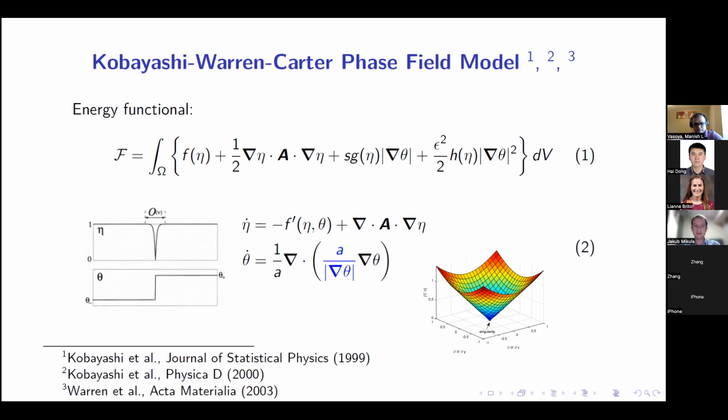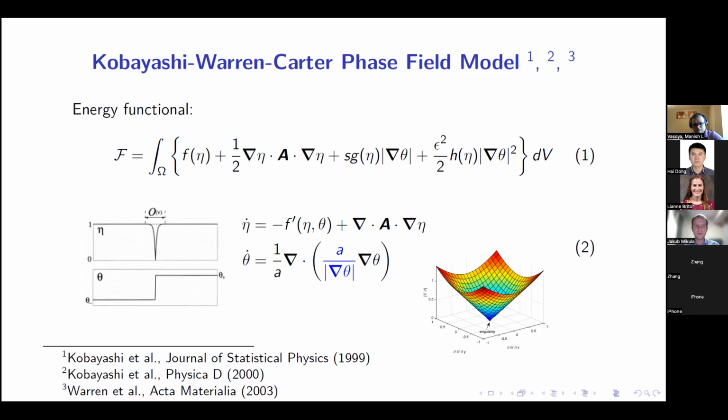The basic idea in developing a phase field model is to construct the energy function, as illustrated here, where the energy functional is a functional of certain fields called the order parameters. For instance, here we have order parameters called eta and theta. In the very basic phase field model, the order parameter basically describes the phase.